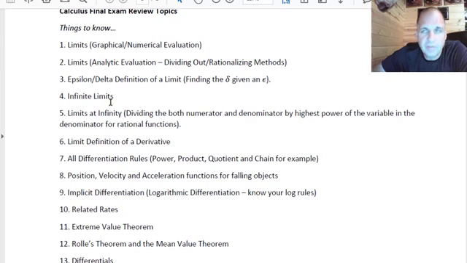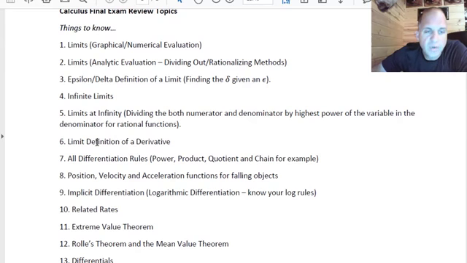And remember, if the degree of the denominator was higher than the degree of the numerator, that would approach 0. If they had the same degree, then typically it was some horizontal asymptote. If the degree of the numerator was one more than the denominator, then we would have an oblique or slant asymptote, and that limit would be equal to infinity.